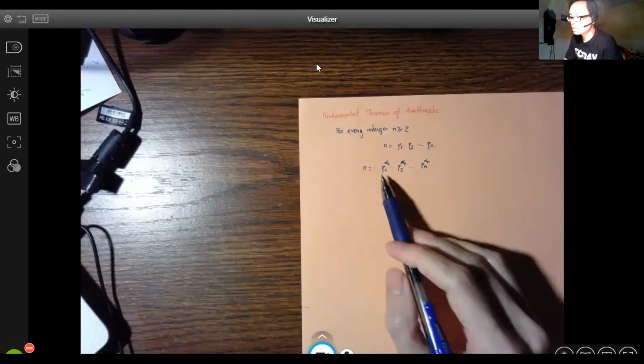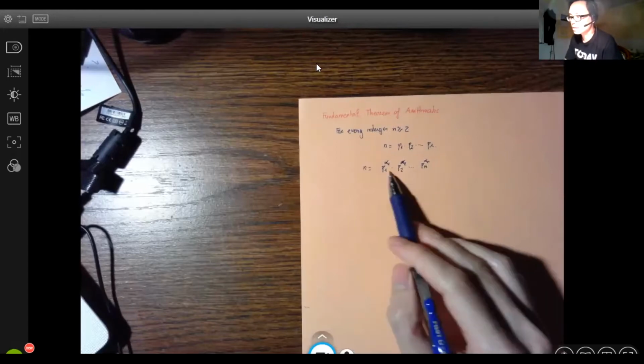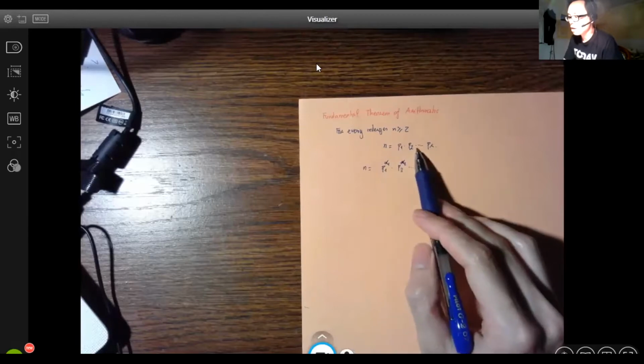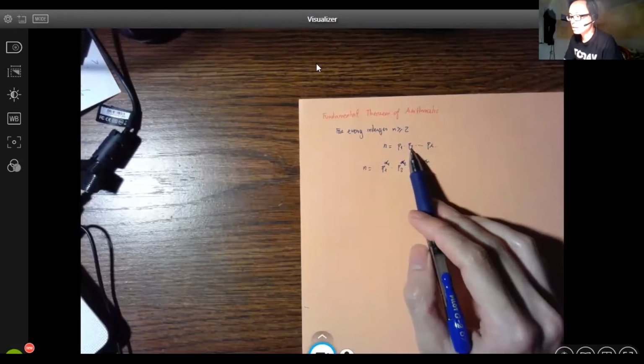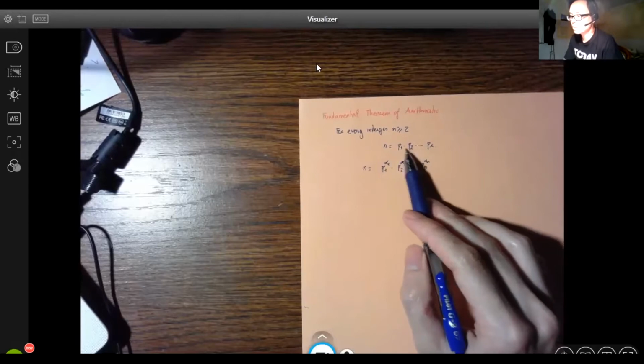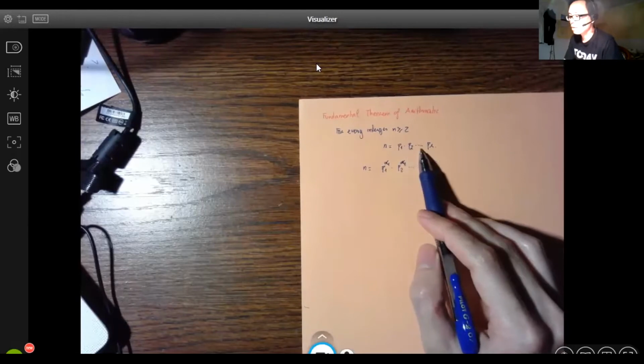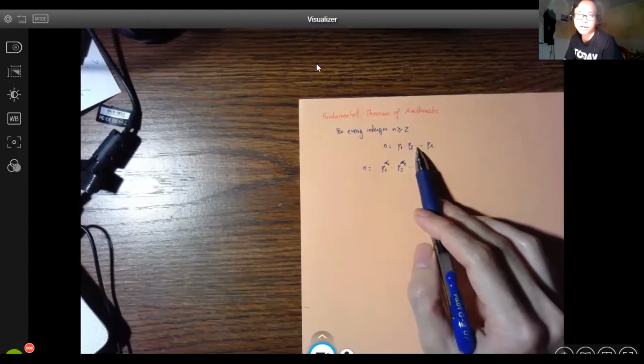So p1, p2, pn over here are distinct primes. And p1, p2, pr over here are not necessarily distinct. It could be the same. For example, p1, p2 could be 2, or p3 and p4 could be 3.